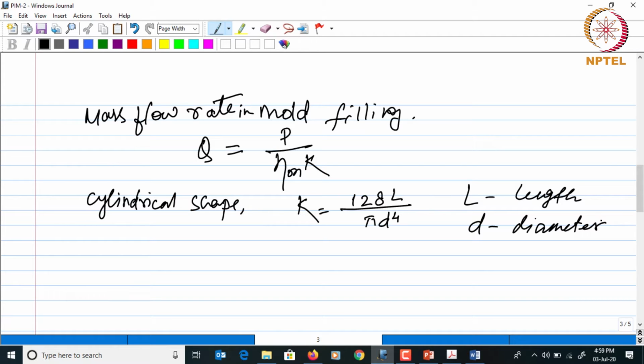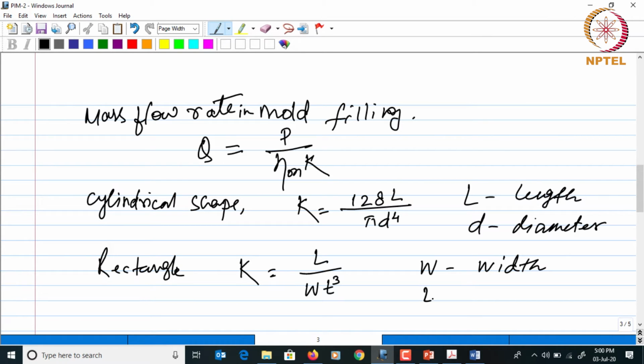And for a rectangular shape, K is given as L by W T cube, where W is the width and T is the thickness.